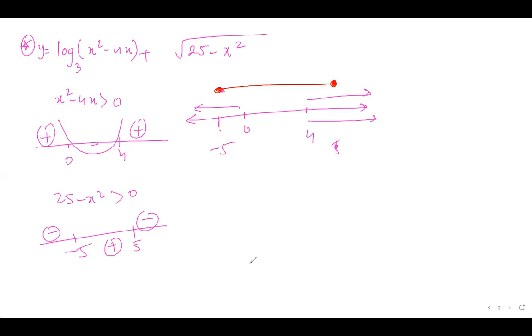Now, remember that if you are given multiple functions and you have to find the domain for the resulting function, it is the domain for which both the functions are defined.